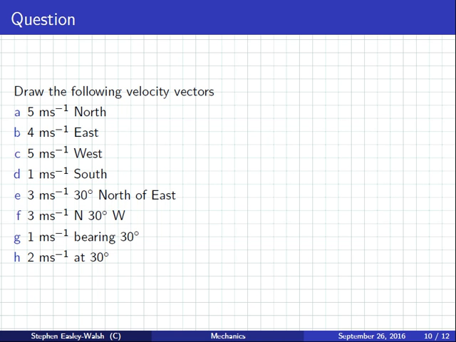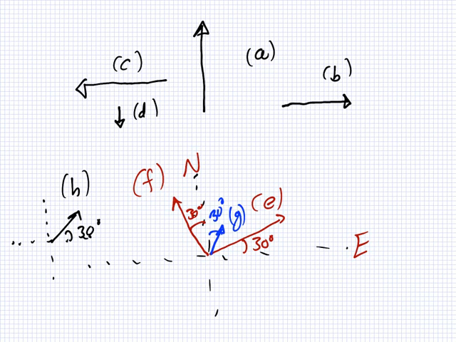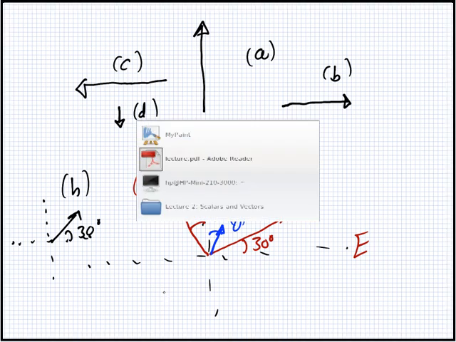Start from the east. Start from the north, is it pointing downwards? Pointing upwards, so it's here, G. Start at the north and measure clockwise.